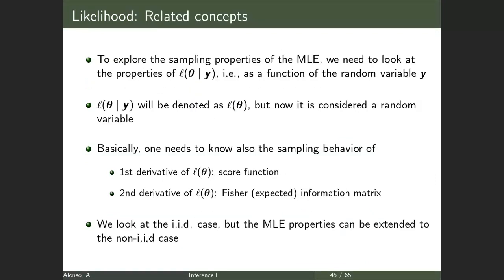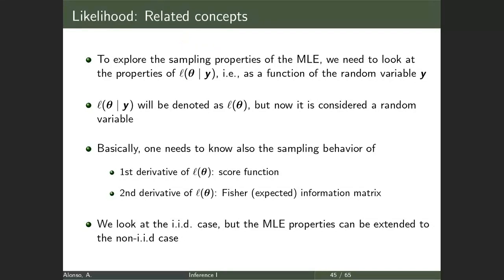And as I said, the maximum likelihood estimator is the value of theta that maximizes the probability of the data, is the value of theta that maximizes the likelihood function, or if you want, the value of theta that maximizes the log likelihood function. We call the likelihood capital L, and we call the log likelihood with the small l.